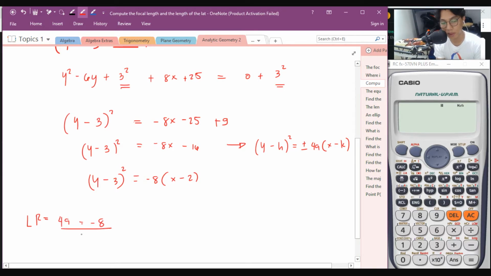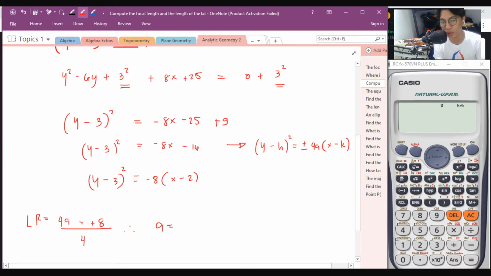I-divide mo both sides by 4. Equal na yan sa, anong latus rectum mo? Therefore, a is equal to, wag mo na kunin to negative ha.